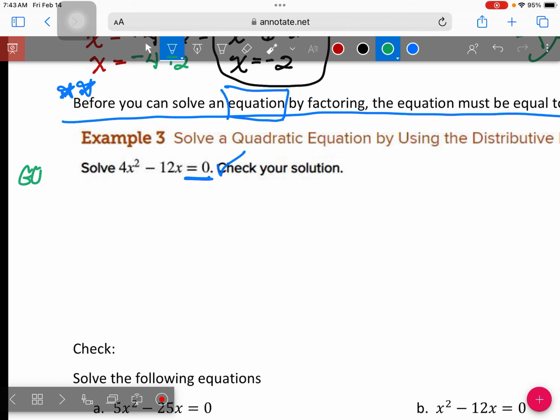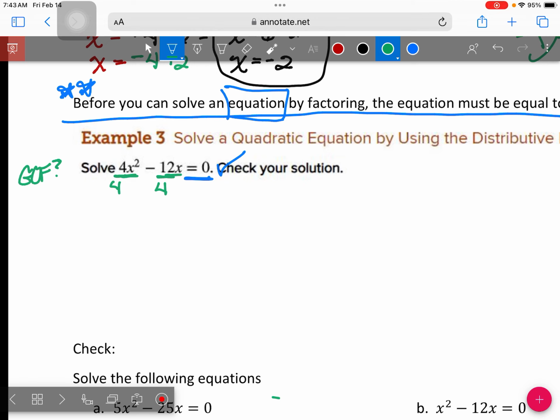Do I have a greatest common factor for these two terms? Well, check your 4, check your 12. Is 4 a factor of 12? Survey says yes. So you're going to divide by 4. You have an x squared and an x. X to what power are you going to divide by?